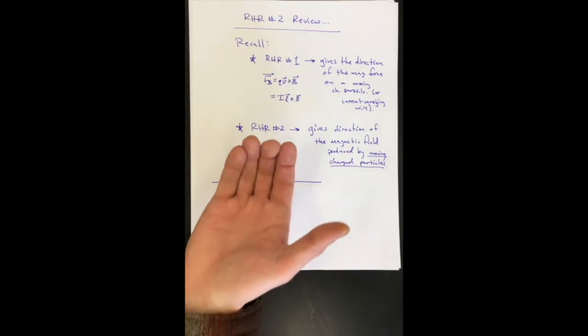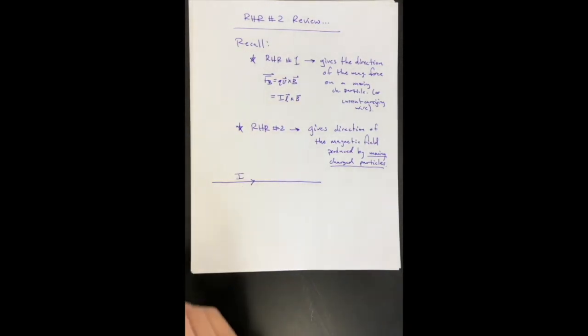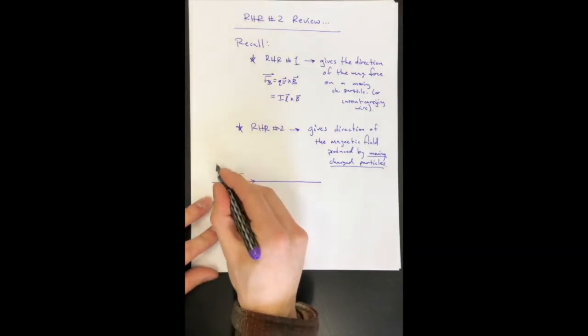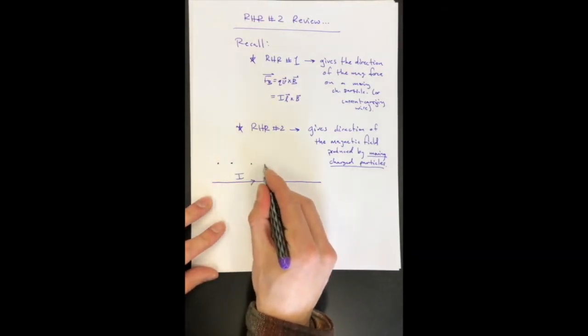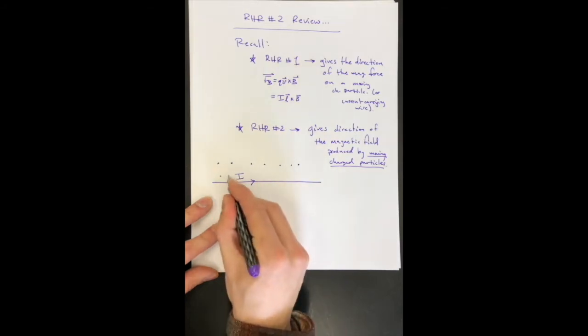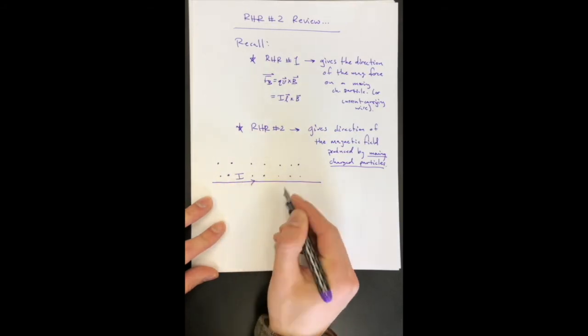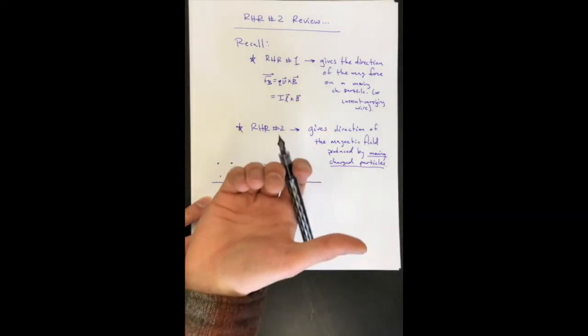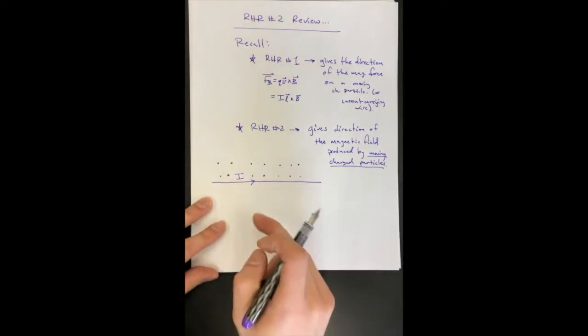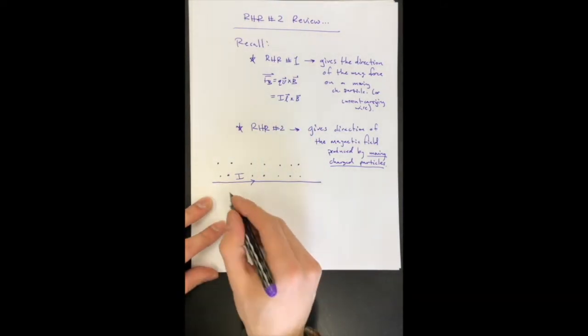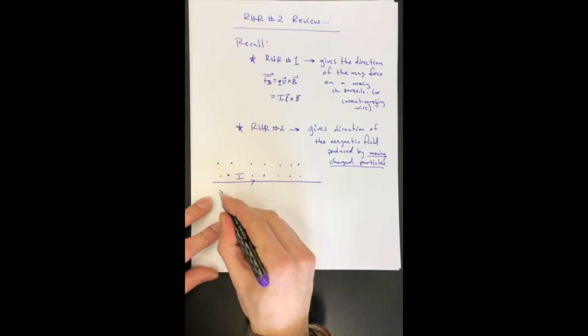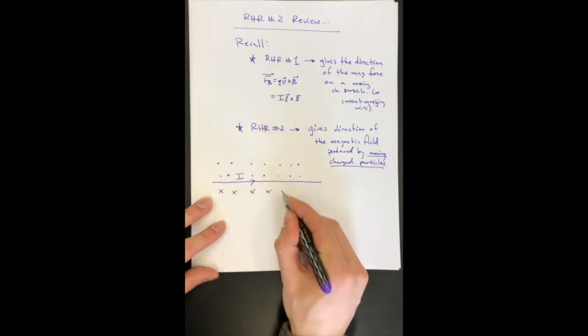our fingers would come out of the board above the wire, and so we would see dots coming out of the page. And those would form loops, but if we continued to curl our right hand around, our fingers would have to go back into the page on the bottom of the wire, and so we would get X's down here.